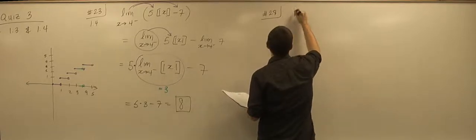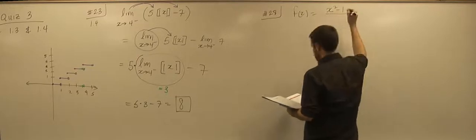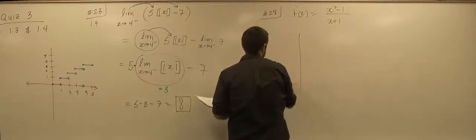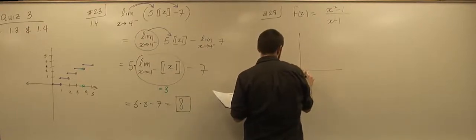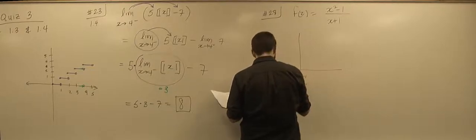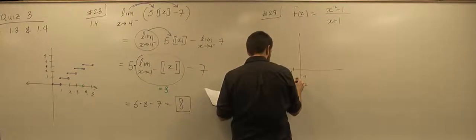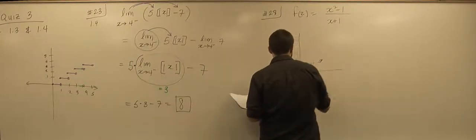So 28 gives you this function, f of x equals x squared minus 1 over x plus 1. And because they're nicer than me, they gave you a graph of this function. It's a line with a hole in it.